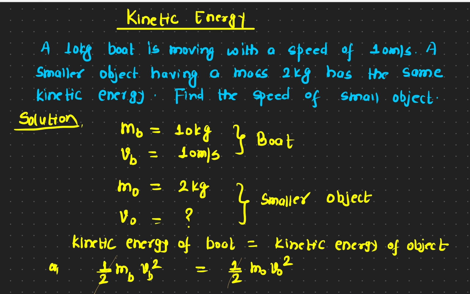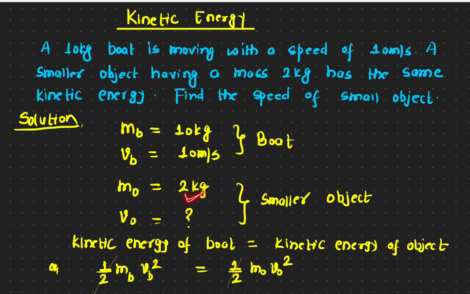So we have a boat that has a mass of 10 kilograms. Let's write down all the given values. mb, that stands for the mass of the boat, is 10 kilogram, and it moves with a speed of 10 meter per second. And then there's a smaller object which has a mass of 2 kilogram.